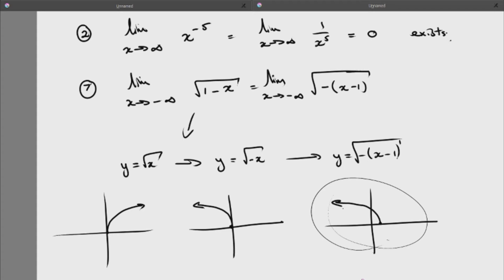Read it off the graph. Does it approach a specific number? It doesn't approach a specific number. There are no asymptotes in the square root function. It just keeps going and going and going. Yes, slowly, but it still keeps growing in the positive direction. So it's going to be positive infinity.